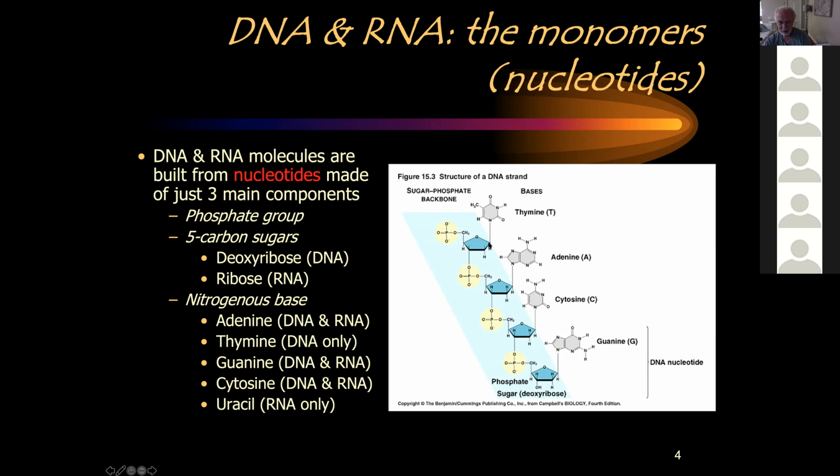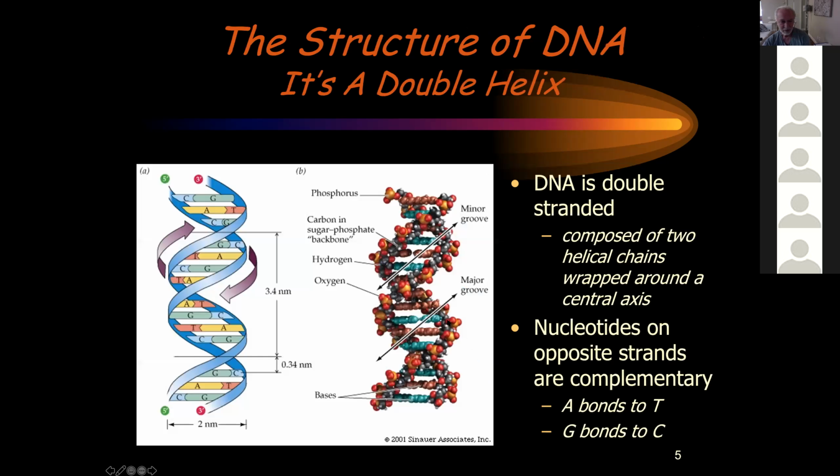Joining a base to the sugar is a covalent bond. But when you get to the next form of the structure, when the two strands of DNA come together, they're held together by hydrogen bonds, which are weak. Compared to covalent bonds, hydrogen bonds are weak, and that's important because in the process of metabolism, these bonds have to break. And we'll get to that later in the course.